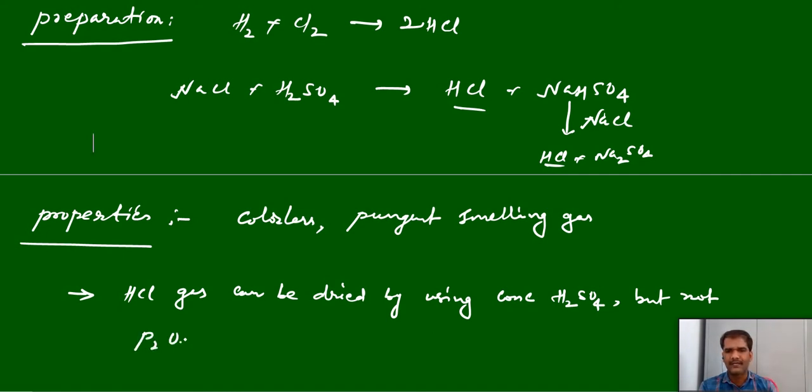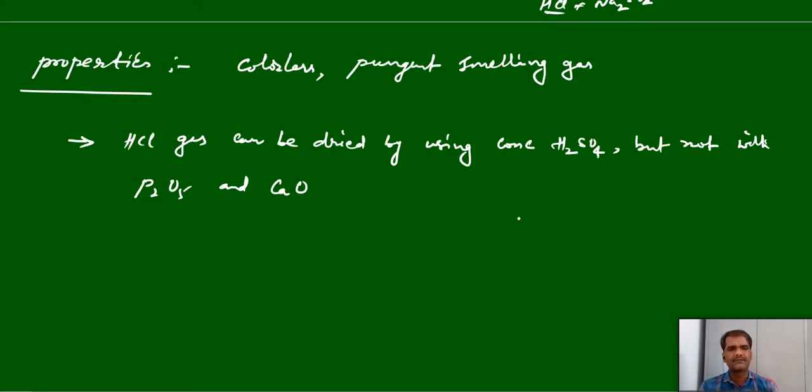Because P2O5 may react with HCl, it will form a PCl3 compound, some corresponding compound, and also calcium oxide. These are some dehydrating agents we cannot use there. Only we can use concentrated sulfuric acid.